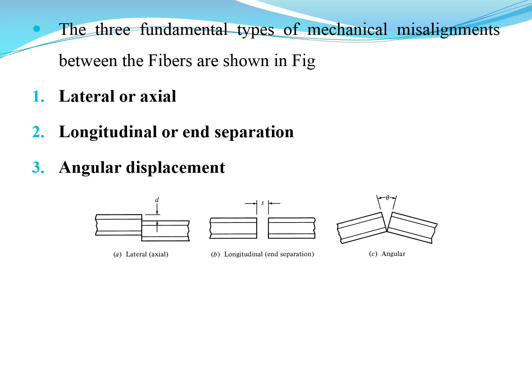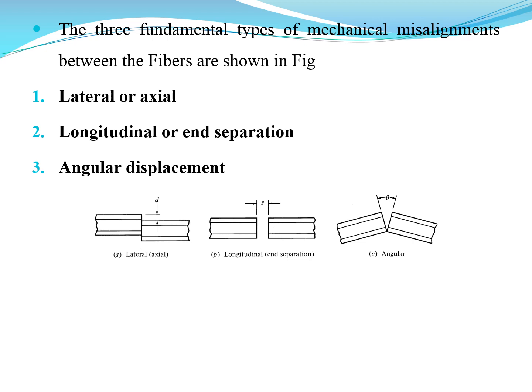So this is a lateral or axial misalignment, wherein the emitting fiber and receiving fiber are joined, but there is a separation of the axes by a distance d. The axes of both the fibers are not in the same plane, so the light from the emitting fiber may not enter the receiving fiber without any loss.